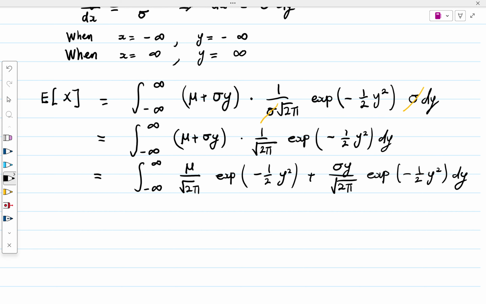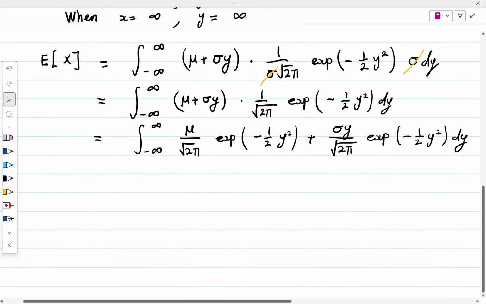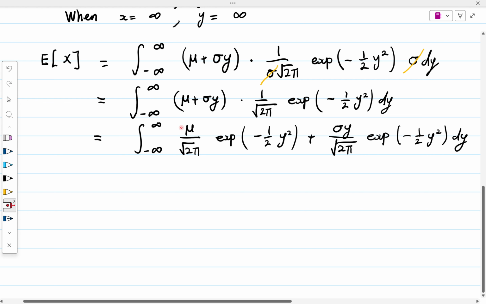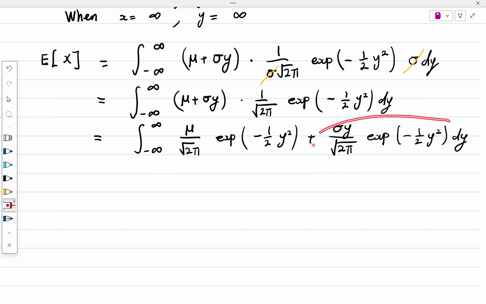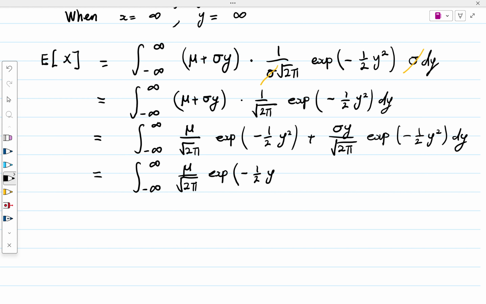Now, by properties of integration, we know that when we integrate the sum of two terms, that is the same as taking the sum of the respective integrals. So we can actually split out that sum here. 2 pi exp of negative a half y squared dy.